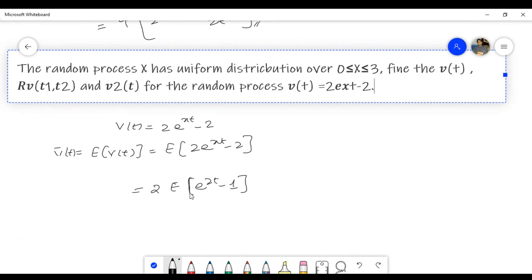So this is 2 times 1 by 3, integral from 0 to 3 of e power xt minus 1 dx, because here you have a limit from 0 to 3, right? The limit is given as x between 0 and 3. So 0 to 3 is your limit.